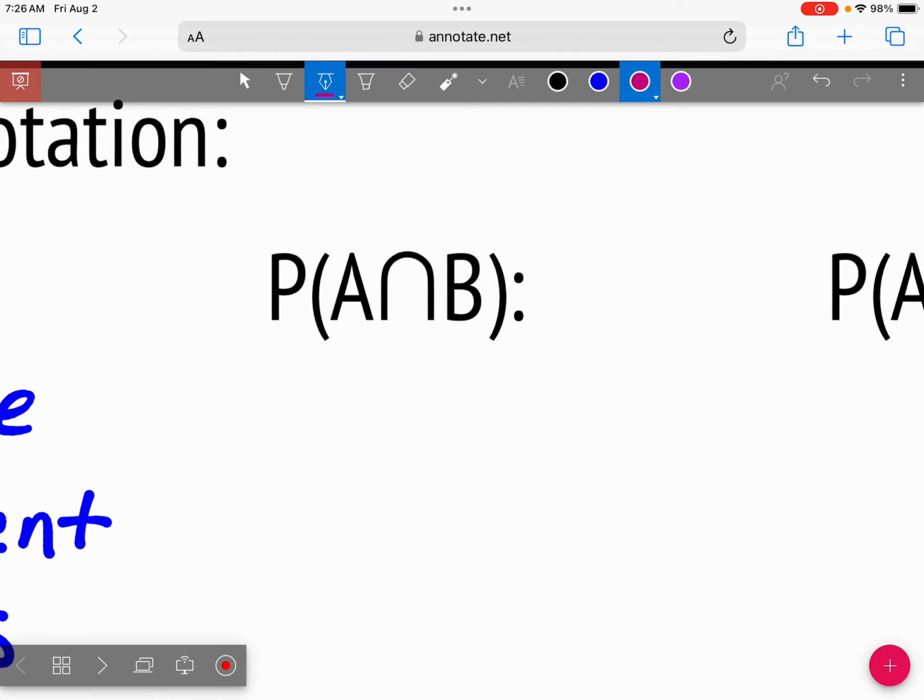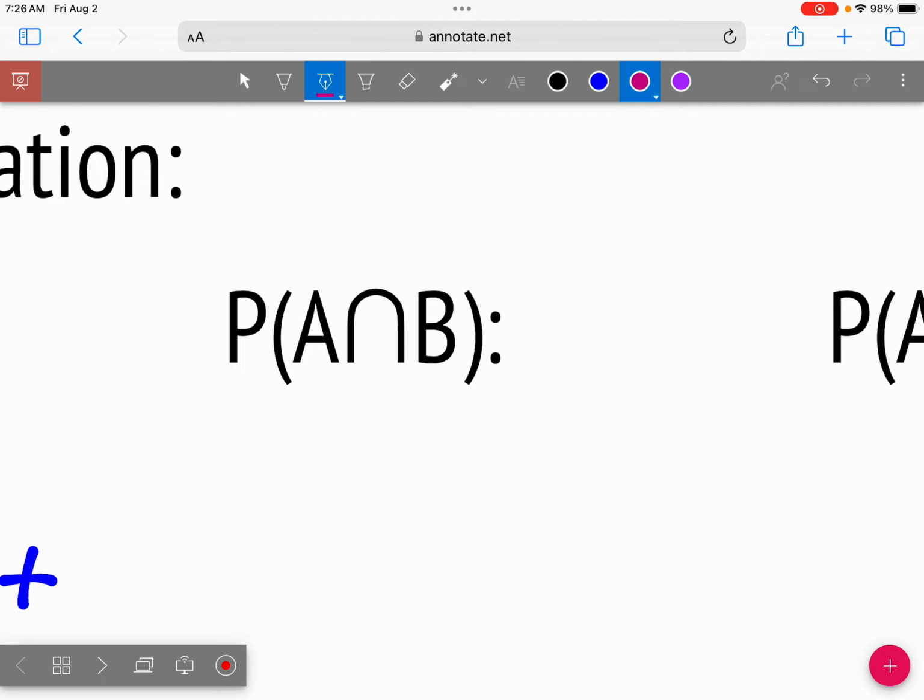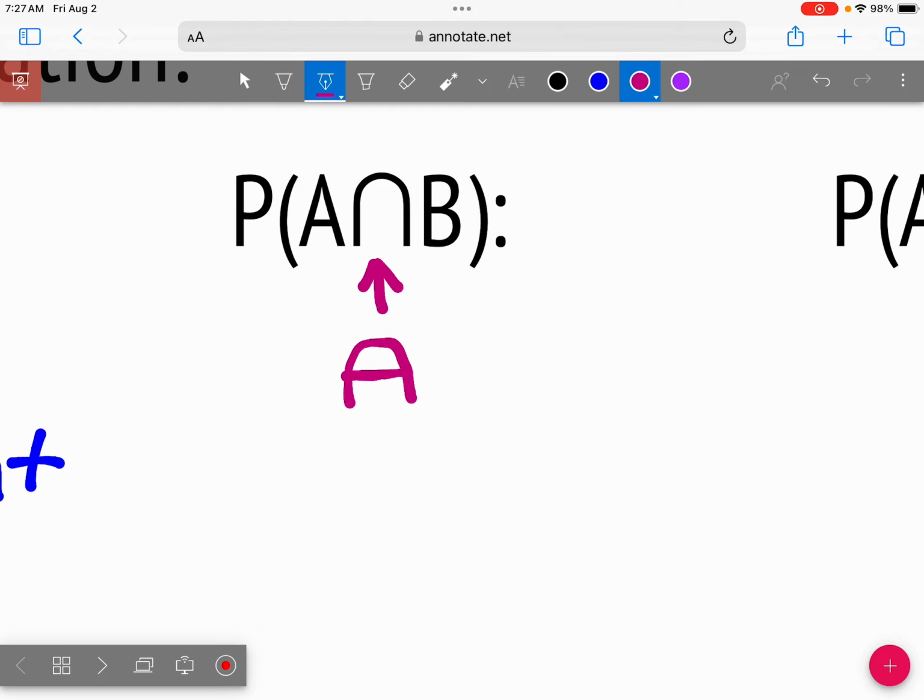So these all mean things that we know. This one right here looks like an upside down U. The way I think about it is it's kind of a little baby A. And what this stands for is and. So it's the word and. This is now talking about the relationship between two things happening. I flip a coin, I roll a dice.